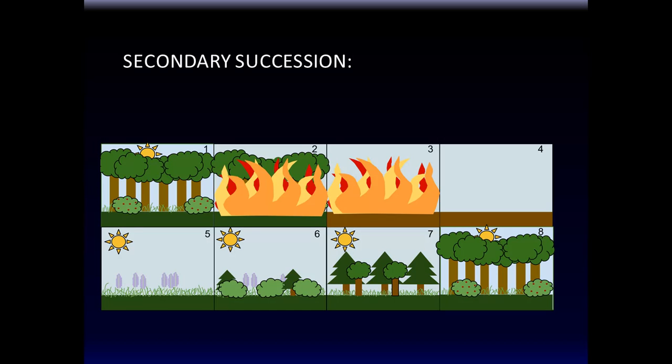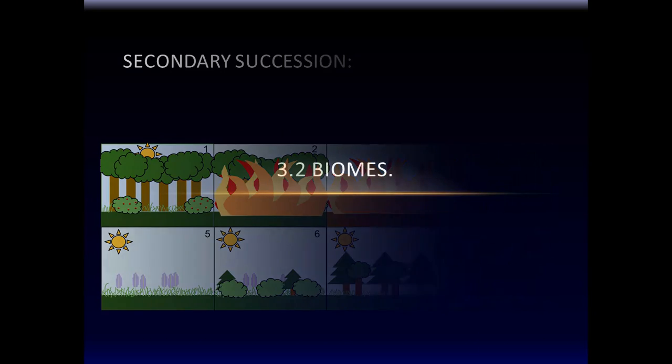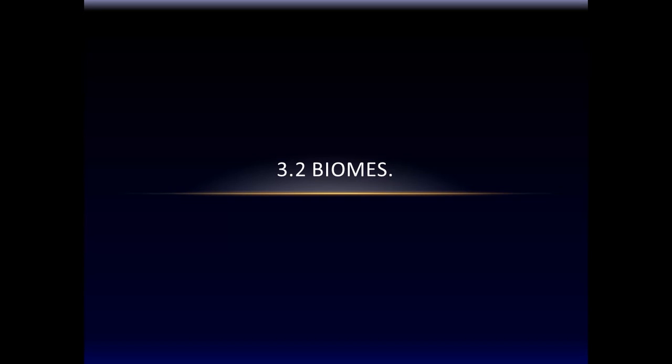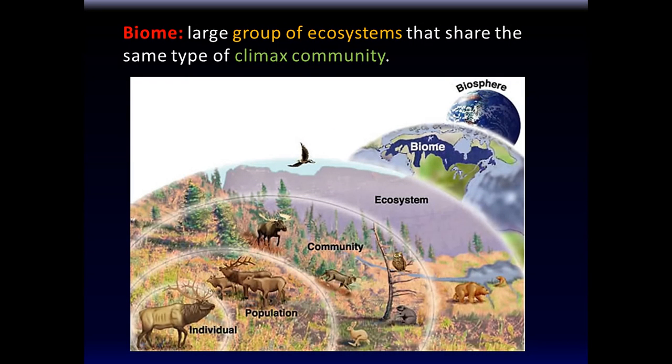So this is an example of a secondary succession, climax community destroyed. And even this cartoon picture shows you how the climax community is eventually reached. The same climax community is eventually reached, but it goes through these various stages. So that is the first part of our chapter.